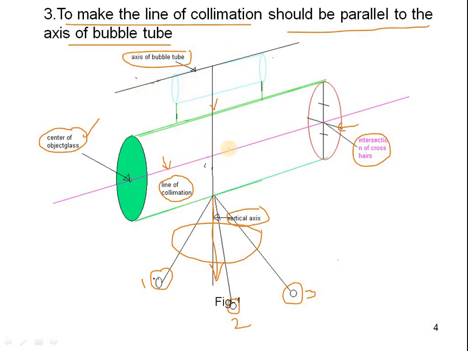The pink color line and the black color line, both should be parallel to the center of the bubble tube. Then only the telescope is in the center of the object. This is the parallel line he has given.